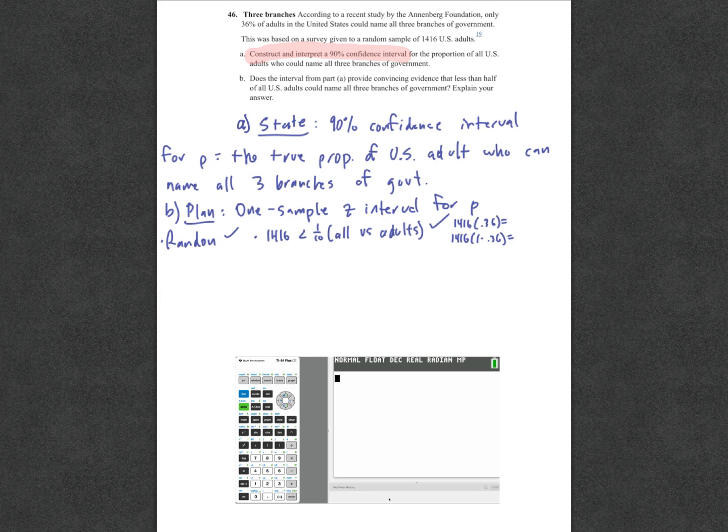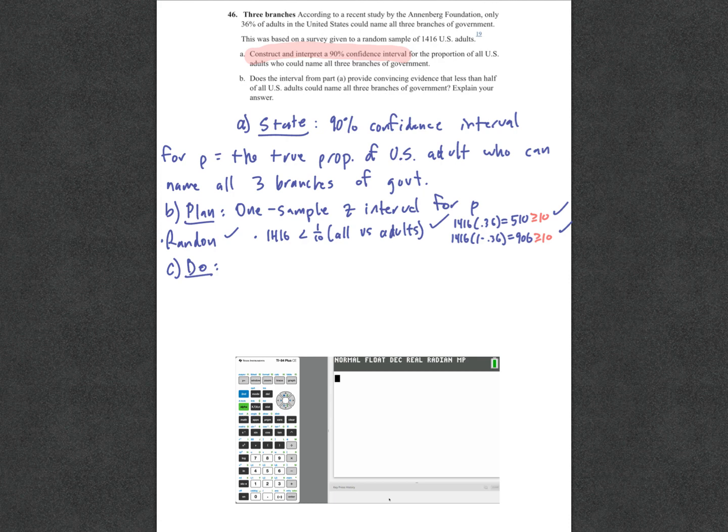Okay, and these are both greater than or equal to 10. One is like 510, and the other is 906. So these are both greater than or equal to 10. So that's the large counts condition. Okay, so those are our plan. So now we'll do our do.